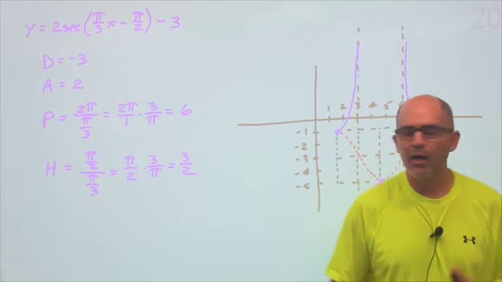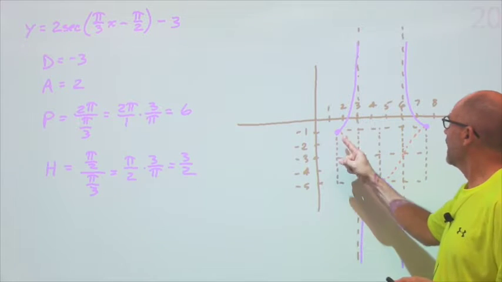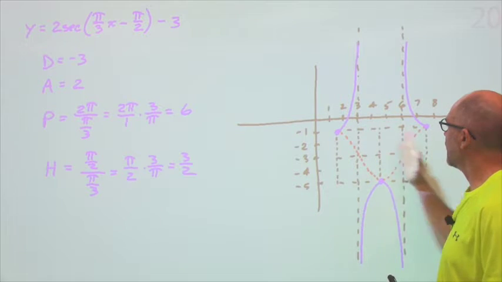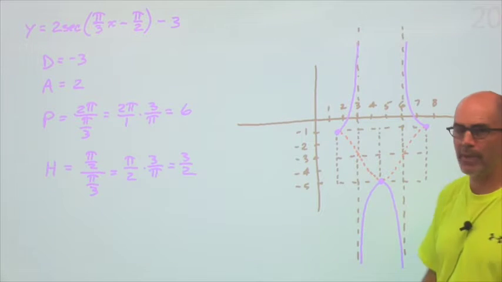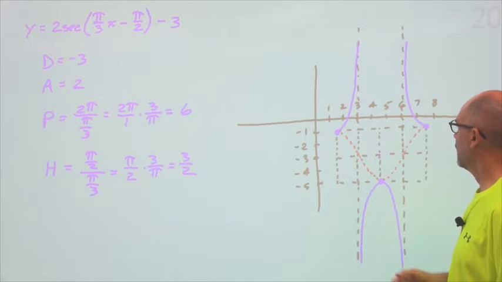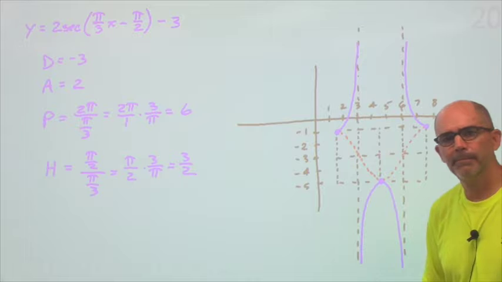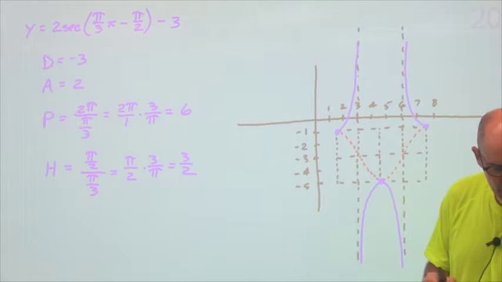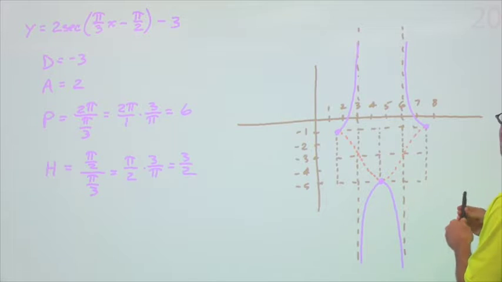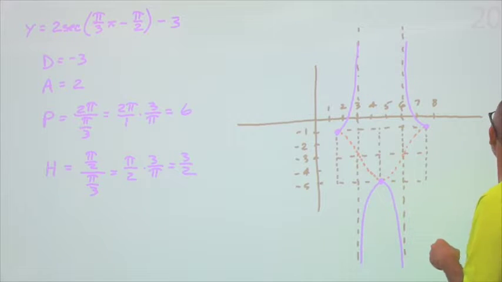So we start our box 1.5 to the right and then go 6 from there. Now once I have my left and right and top and bottom of my box, I cut my box in fourths and then I'm cruising. Okay, so next example.